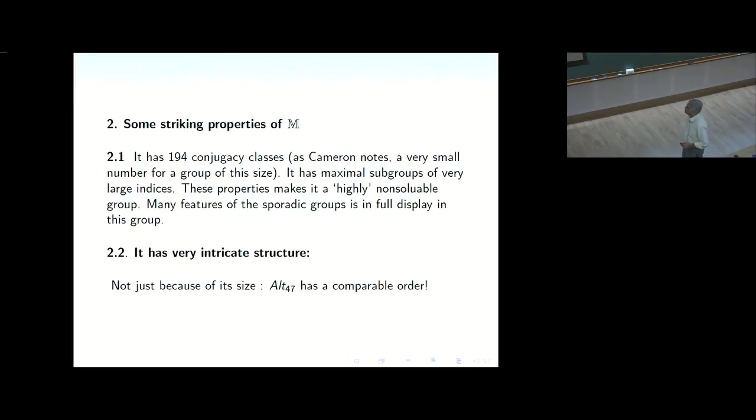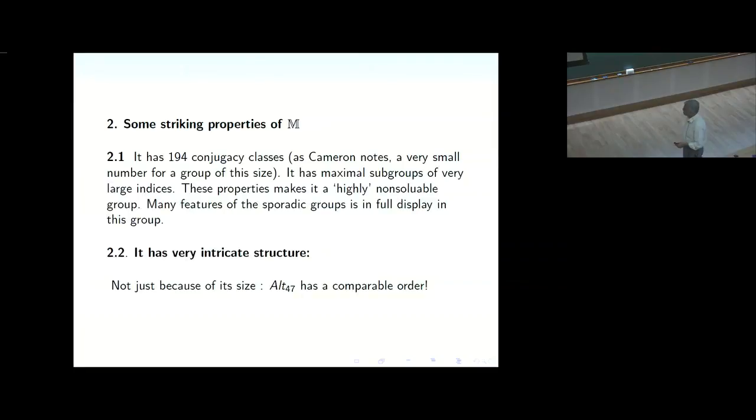For a group of that size, this is a very small number. Please try to imagine how many conjugacy classes you have in an abelian group, or a T-group, or a solvable group. And it also has maximal subgroups of very large indices. Very small groups appear as maximal subgroups, which doesn't happen in more solvable groups.